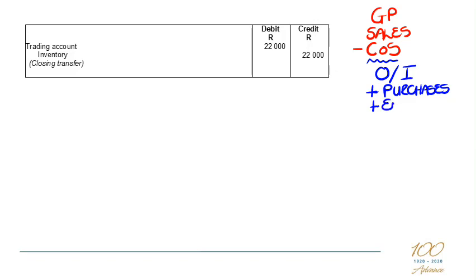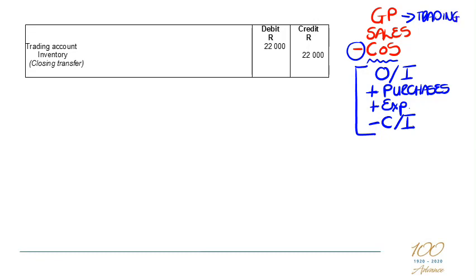These other expenses can be items like freight on purchases or import taxes, without which you could not generate the sales. And from all of this, I will have to deduct the closing inventory to determine in the end what was my cost of sales that I can deduct. So this calculation of cost of sales will have to happen in the trading account. Remember, gross profit is calculated in the trading account.